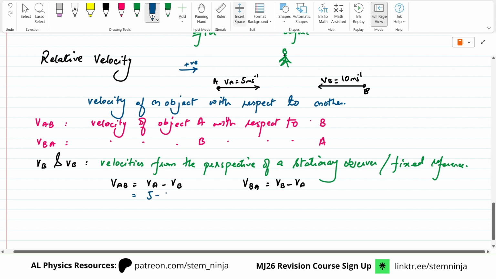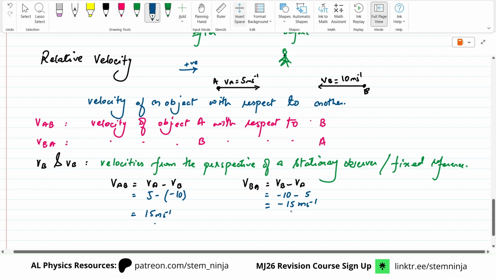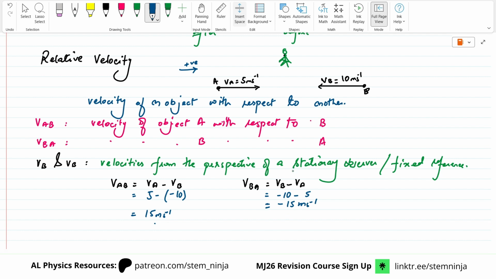So this would be 5 minus minus 10, which becomes 15 meters per second. And this one, VB is now minus 10 and VA is positive, and this comes out to be minus 15 meters per second. So as you can see, as with vectors, these two are negatives of each other, which is not a coincidence because they are opposite vectors to each other.